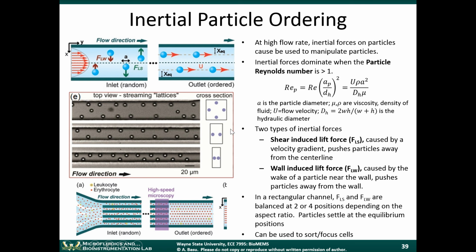If you start making the channel more tall and narrow, so a high aspect ratio channel, in those cases there's only 2 equilibrium positions. All right. But you see how this is giving you particle focusing for free. There's no sheath flow required, so you're just using inertial forces. So these types of things can be used to sort or focus cells.